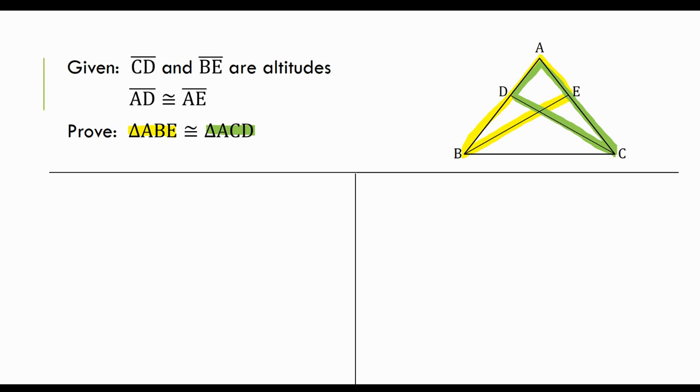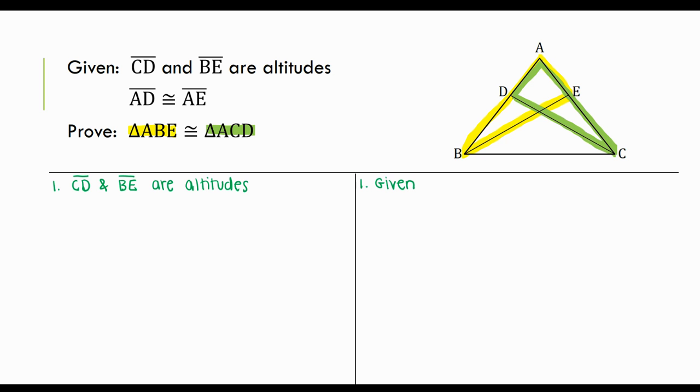All right, so we are going to be using our vocabulary that we talked about yesterday. Notice that my first given is that segment CD and segment BE are altitudes. And remember, that is a vocab word from yesterday.